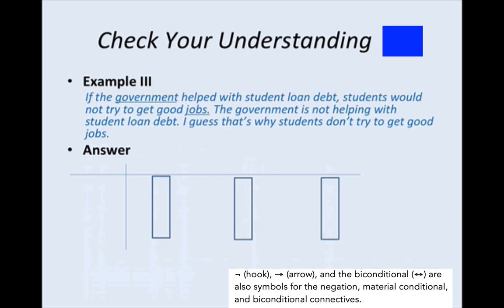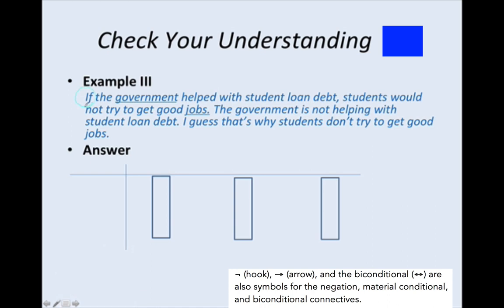So first off, let's begin by identifying all of the argument elements, and what I mean by that is the connectives and the simple sentences. So we have the following.